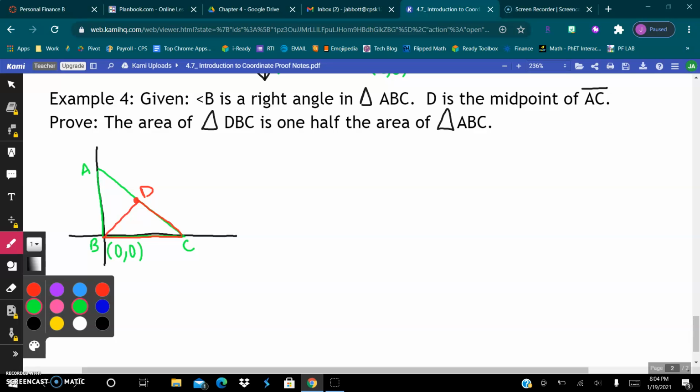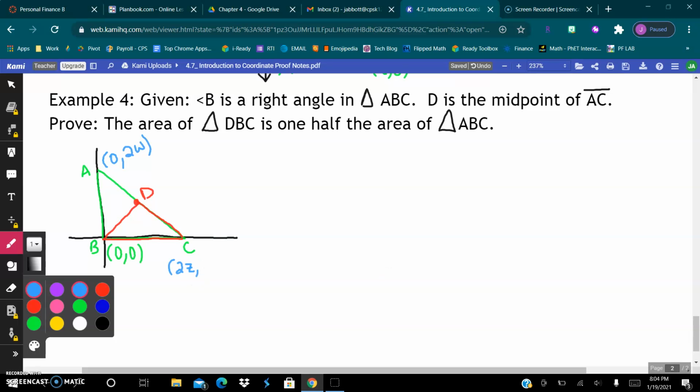So for A, I'm going to go over 0, and I'm going to go up, let's say, to 2W. And then over here for C, I have to go over, and I'm going to say maybe to 2Z and up 0.